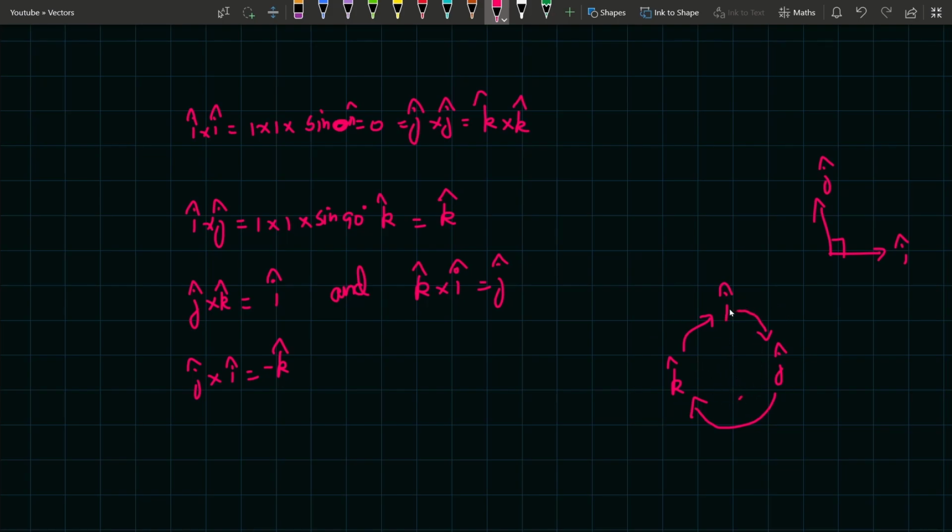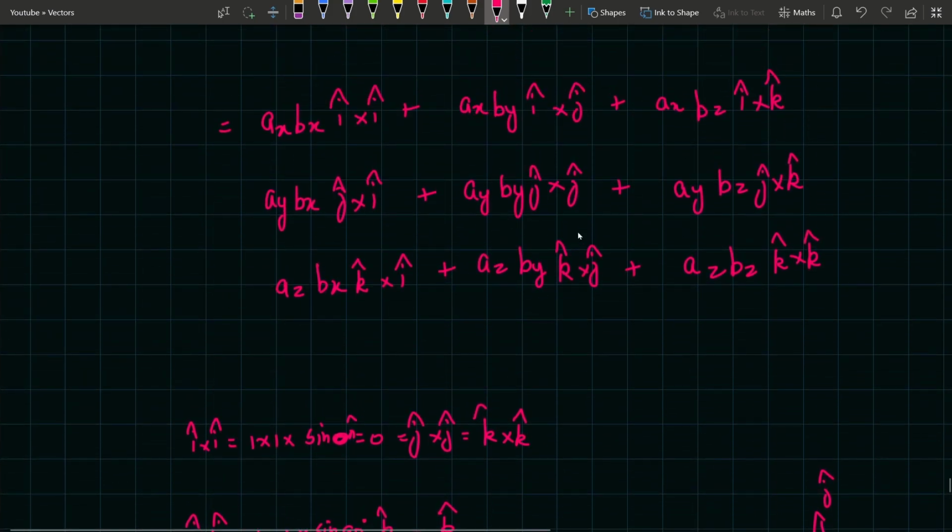That is, if you do i cross j, you get k. If you do j cross k, you'll get i. If you do k cross i, you'll get j. But if you go in the reverse order, j cross i will give you minus k, i cross k will give you minus j, and k cross j will give you minus i.